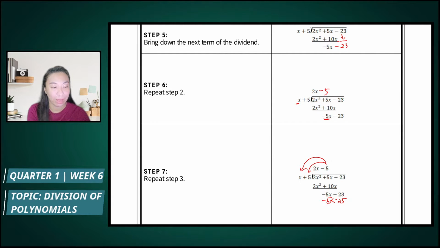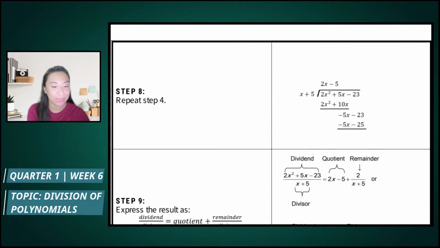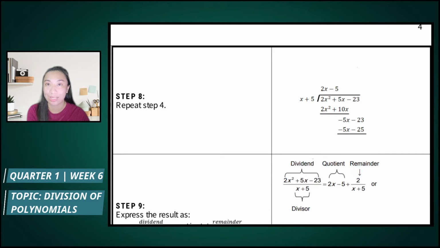After that, repeat step number 4, wherein we subtract. The rule in subtraction is to change the sign of the subtrahend. So negative 5x becomes positive, and negative 25 becomes positive 25.